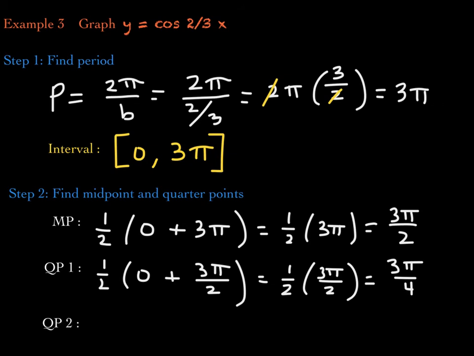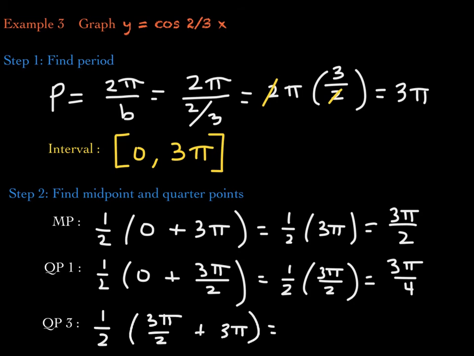Finally, find the second quarter, or excuse me, I should say the third quarter point, because the midpoint is technically the second quarter point. I should say QP3. In order to find the third quarter point, I take half of the sum of my midpoint, which is 3 pi over 2, and my right endpoint, like this.